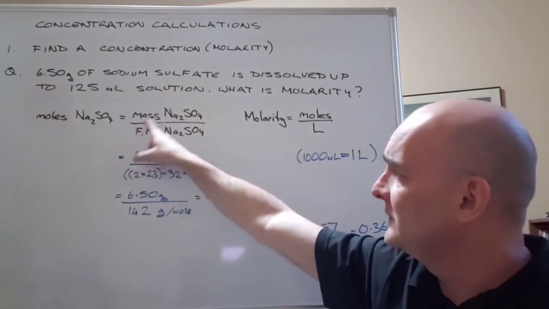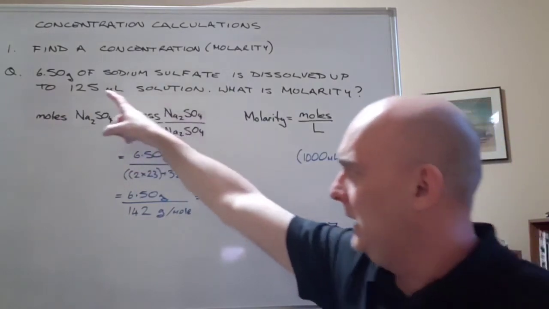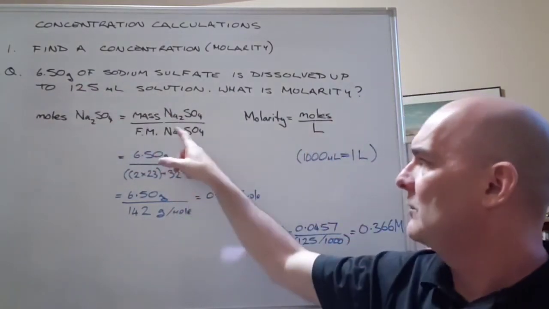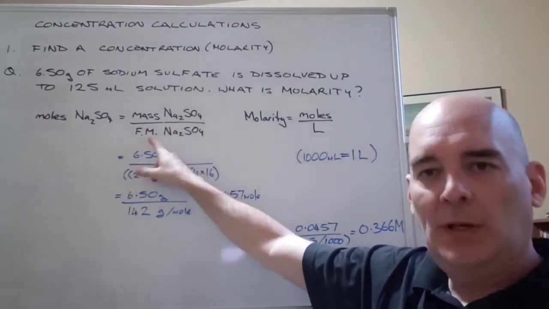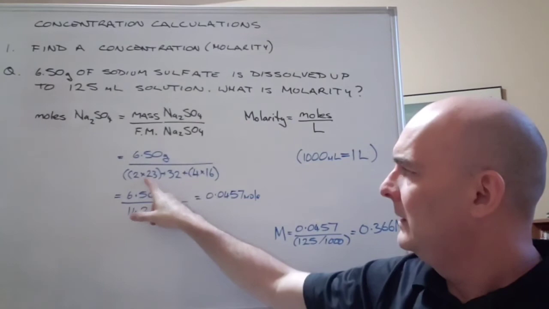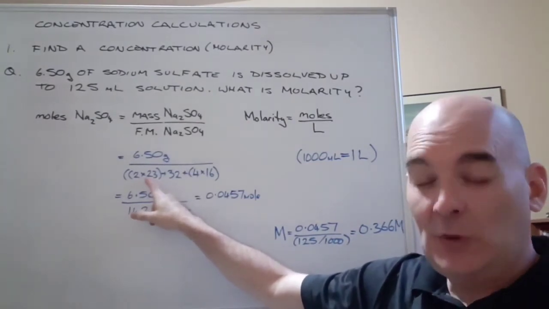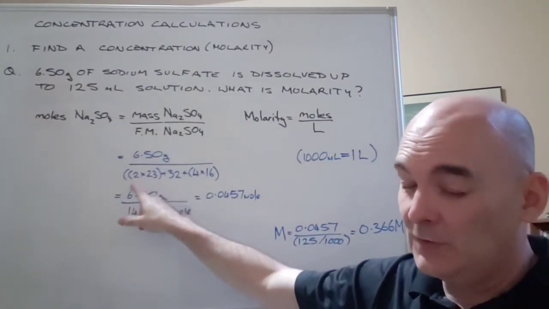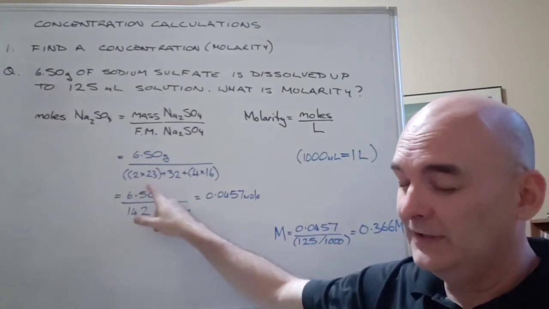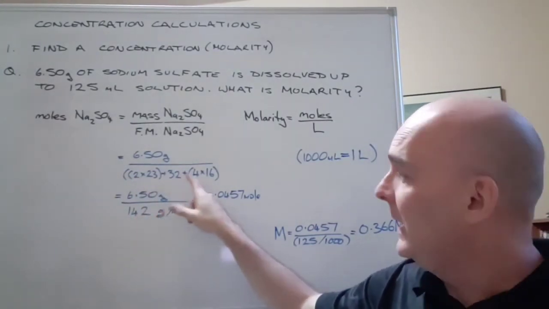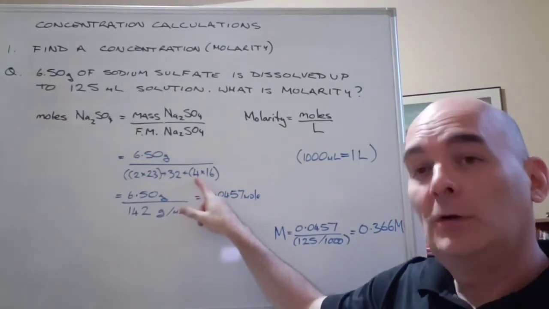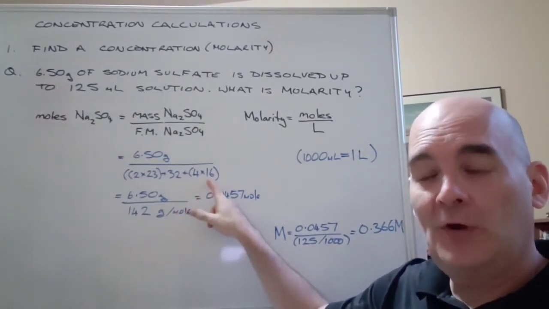So the number of moles is the mass of sodium sulfate in the question, 6.50 grams, divided by its formula mass. So I look on the periodic table. The atomic mass of sodium is 23, so I'm going to need two 23s, and I'm going to add to it the atomic mass of sulfur, and 4 atomic masses of oxygen.